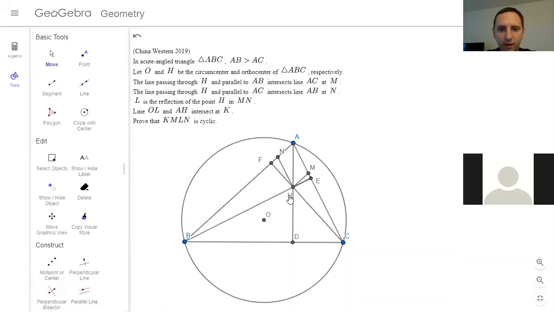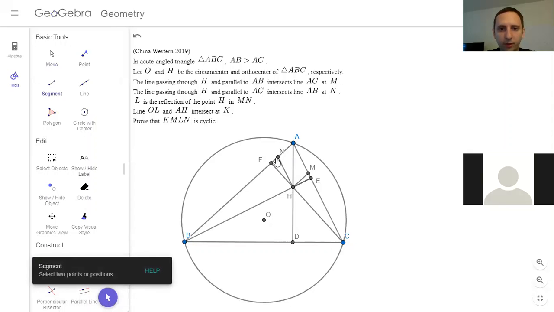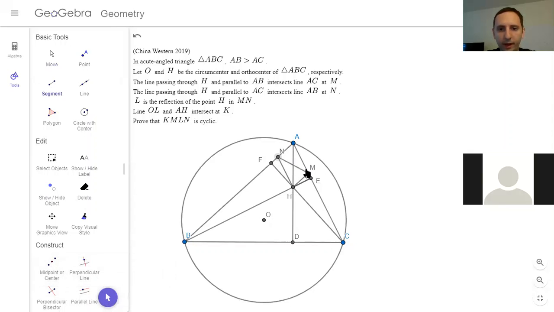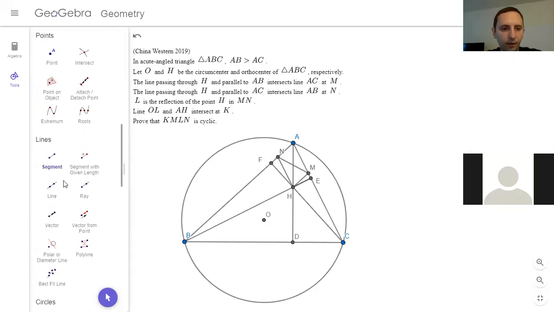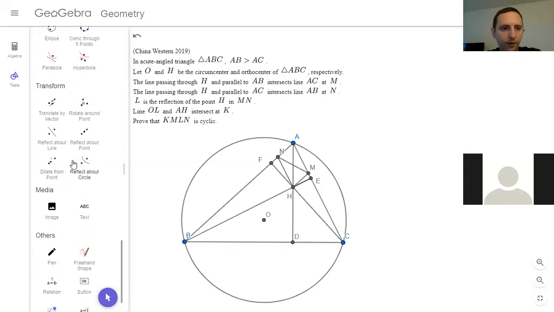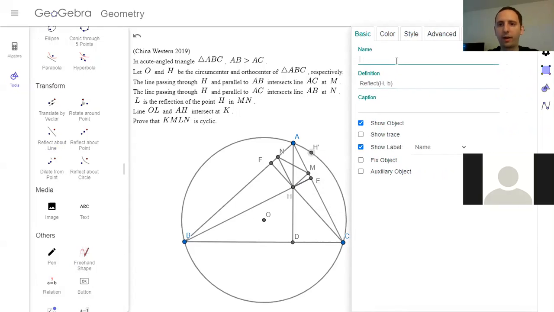Line OL and AH. L is the reflection of H in MN, so I'm going to draw that reflection. Basically ALNM is an isosceles trapezoid. I bet L lies on the circle. Yeah, it's not hard to prove that this point L has to lie on the circle.